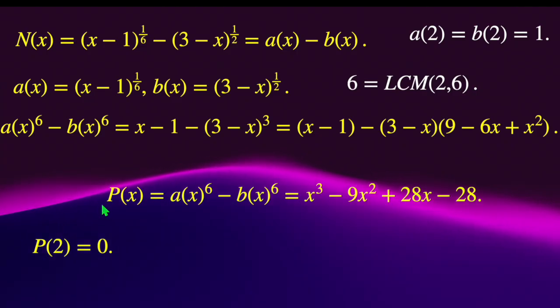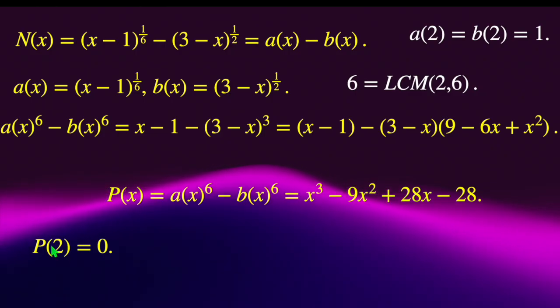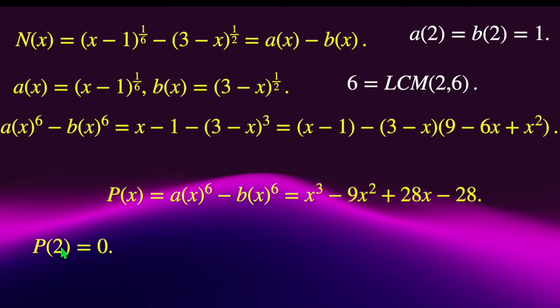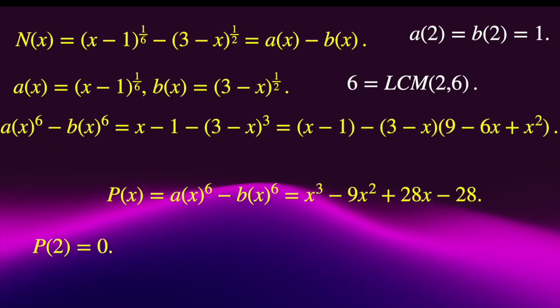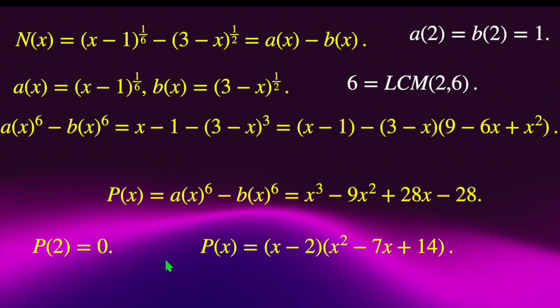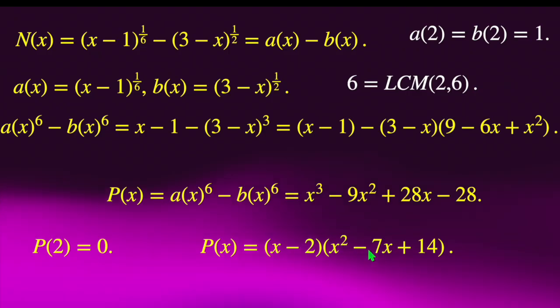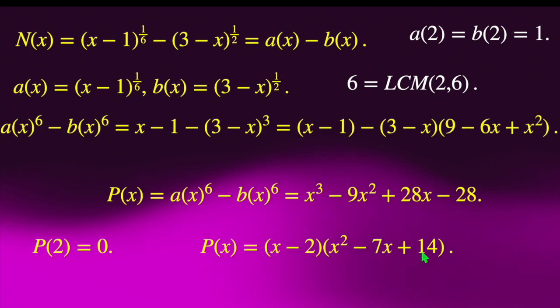So this polynomial has a root 2, so it can be divided by x minus 2. If you do so, you get that this polynomial is equal to (x minus 2)(x squared minus 7x plus 14).